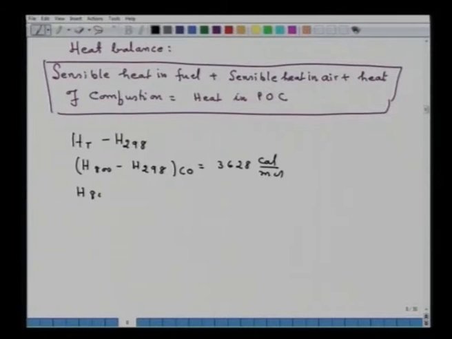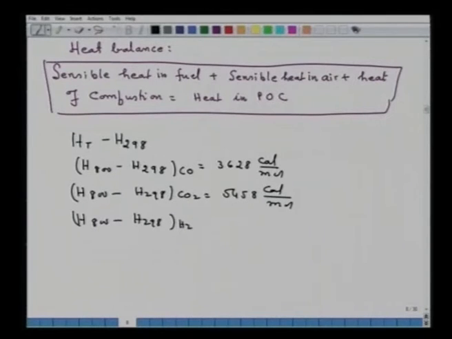Then H800 minus H298 for CO2, 5458 calorie per mole; for hydrogen, 3514 calorie per mole; and for nitrogen, 3598 calorie per mole.